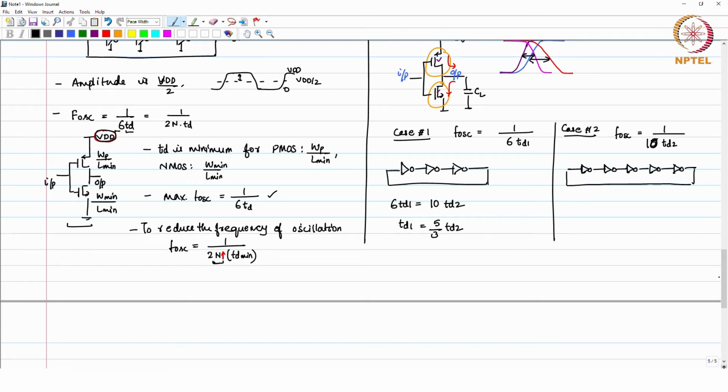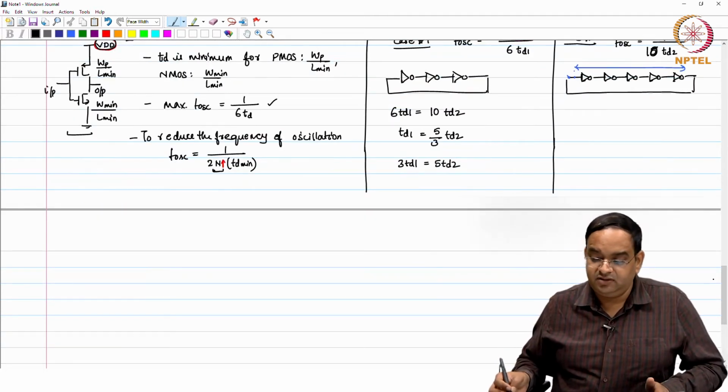The difference between these two oscillators is going to be the following. One thing is sure: in both the cases, the delay from the first inverter to the third inverter is 3 TD1, which is 5 TD2. The delay over the chain of the inverters is the same.